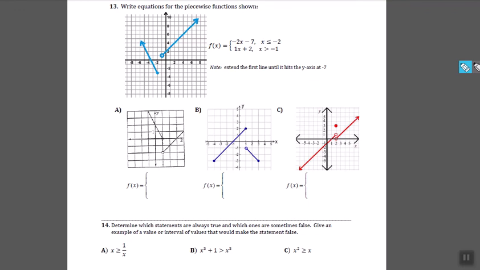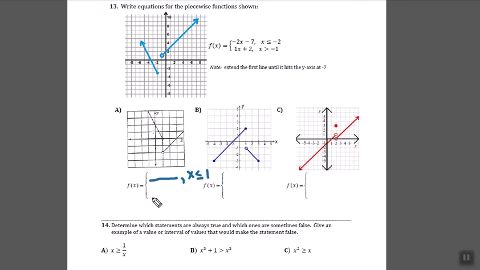Alright, so we're going to take a look at one last example with the piecewise functions, and that could be 13a. So what you got to do is, first of all, you notice that these two functions split apart at x equals 1. So we're going to have a function go here, comma, x is less than, solid dot here, so less than or equal to 1.